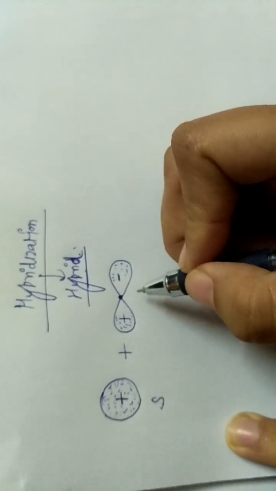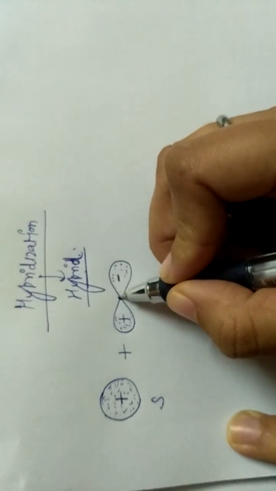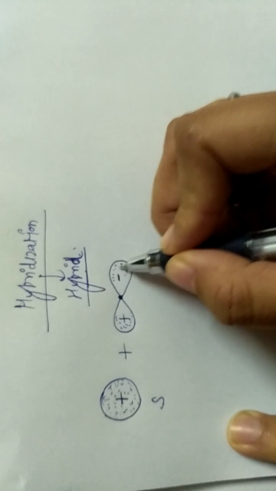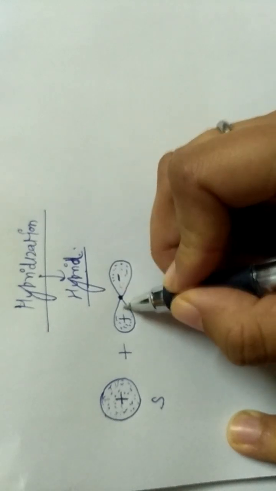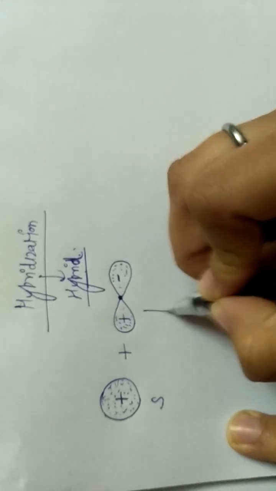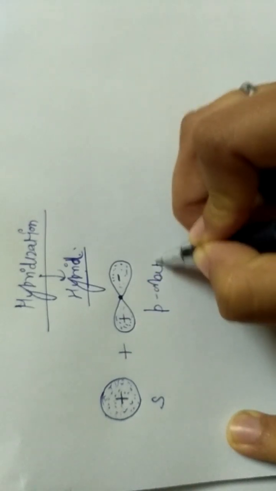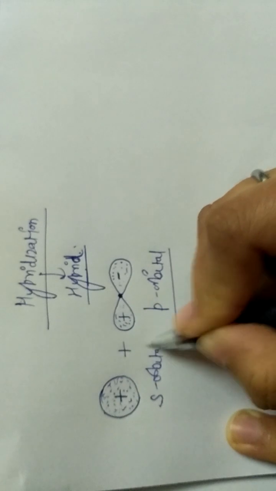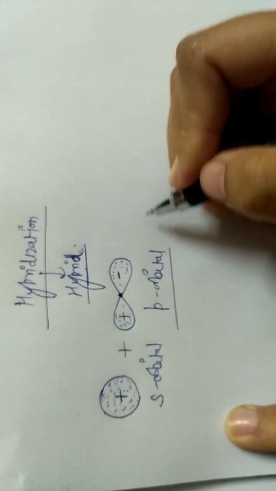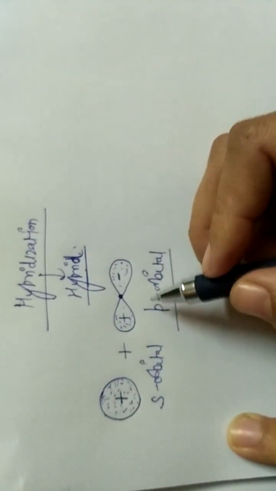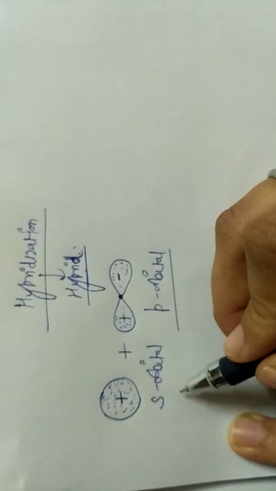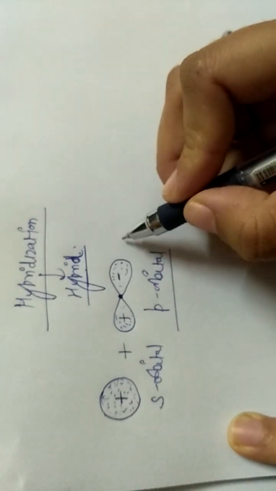But in case of the p orbital, the electron density has directional behavior. The electron density towards the lobes is more in comparison to the center. So the p orbital and s orbital have different shapes, and due to different shapes they have different electron density and thus different energy.